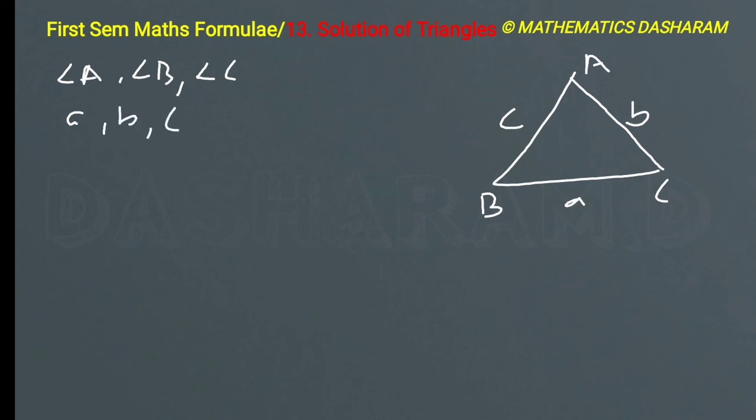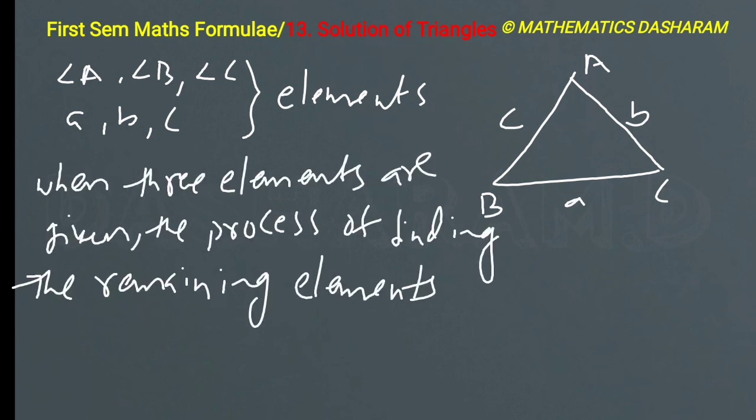Three sides and three angles are called the elements of a triangle. What is the definition of solution of a triangle? When three elements are given, the process of finding the remaining elements is called solution of a triangle.